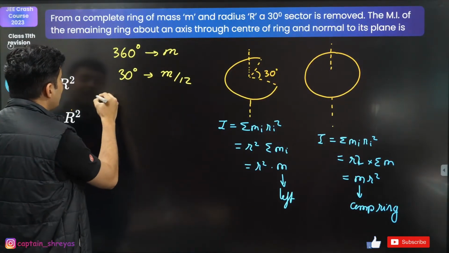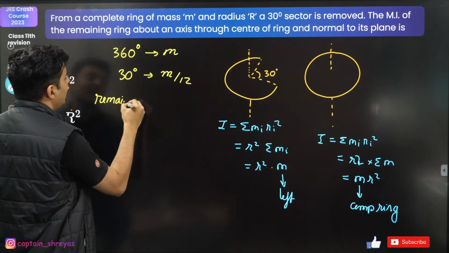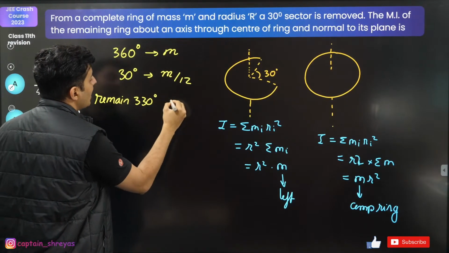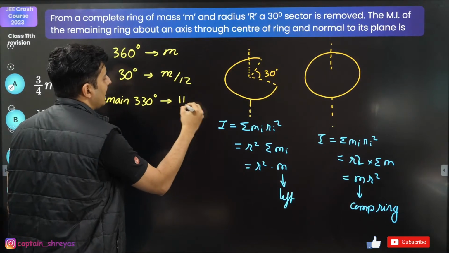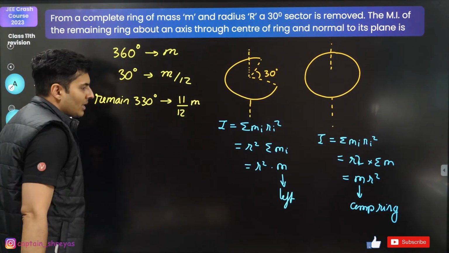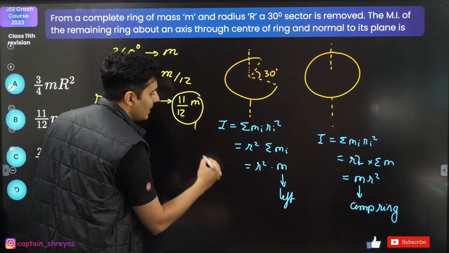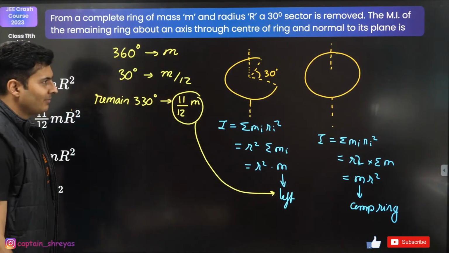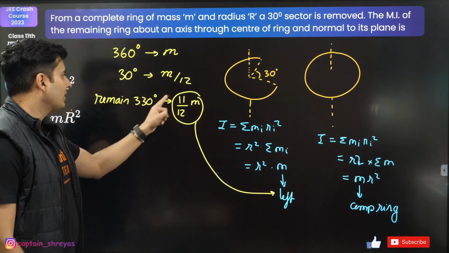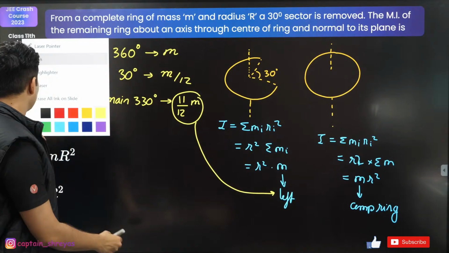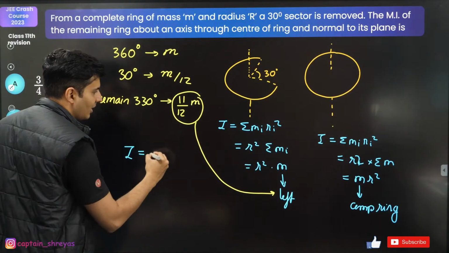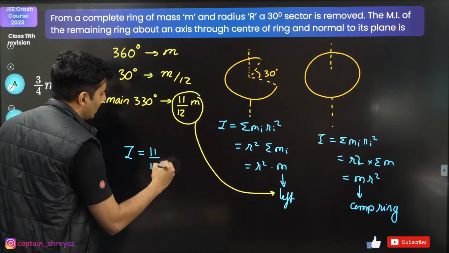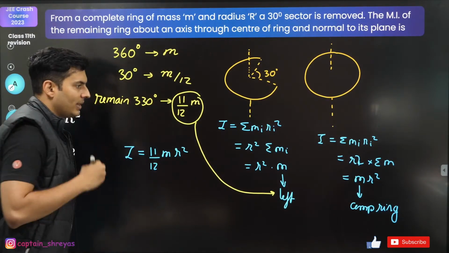So for the remaining 330 degrees, how much mass will be there? 11 by 12 of m. This 11 by 12 m is the mass which is left, the remaining mass for 330 degrees. So hence the moment of inertia will be 11 by 12 m into r square.